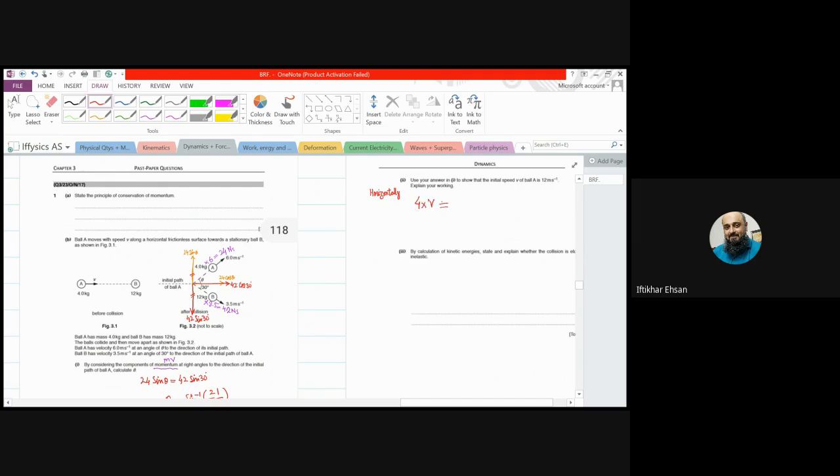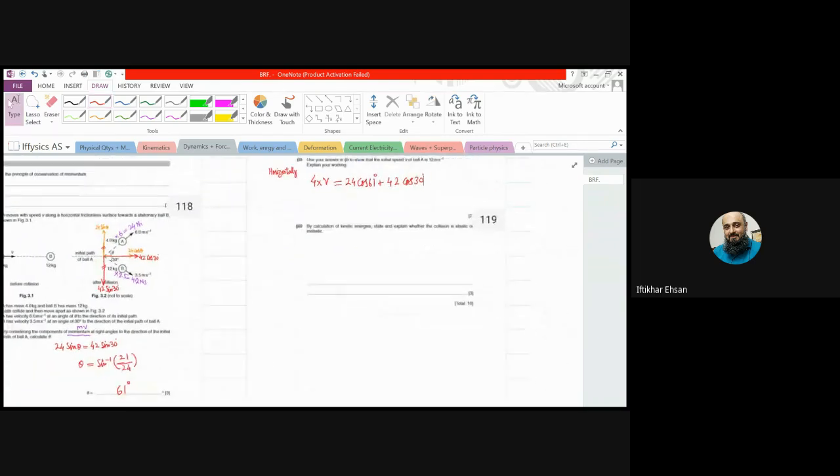And what is the final horizontal momentum? It is this, both of them. So we add both of them, and that will be 24 cos 61 degrees. Both are in the same direction, so we add them, plus 42 cos 30 degrees. Right, beta ji? Done? Yes. Okay, I hope you will be able to find v.